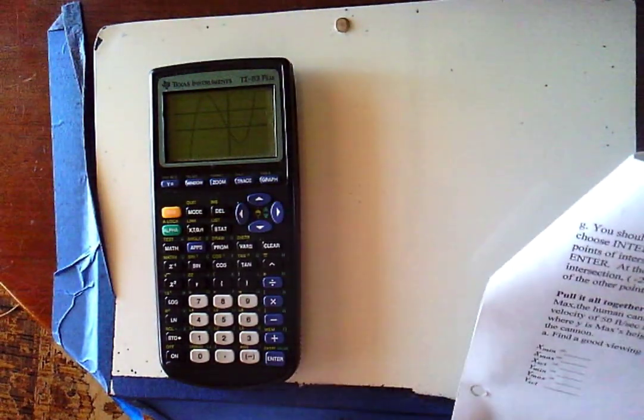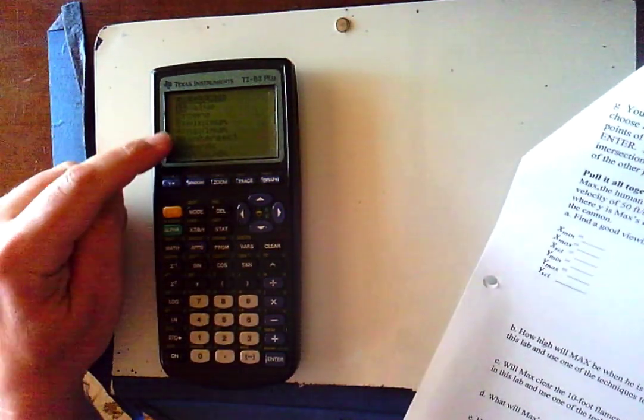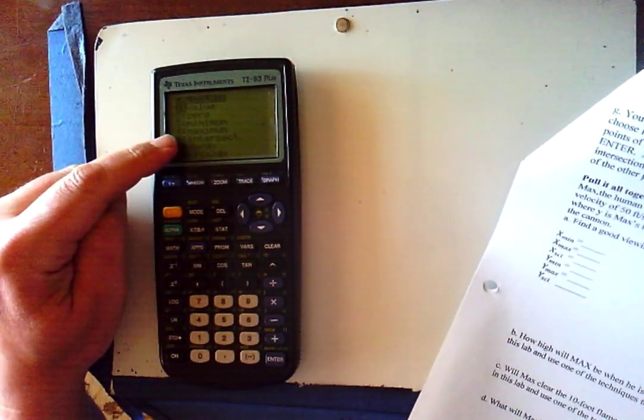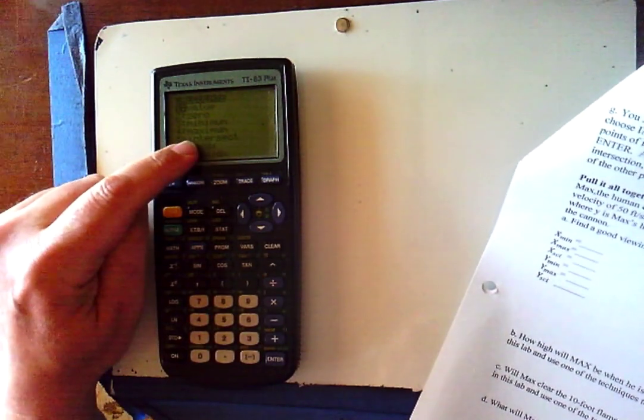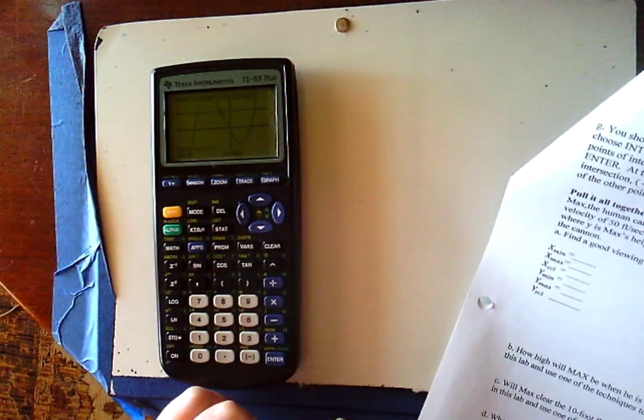Now, second calc, but we're not going to do 0, we're not going to do maximum, we're not going to do minimum. This time choose intersect, second calc intersect, and hit enter.